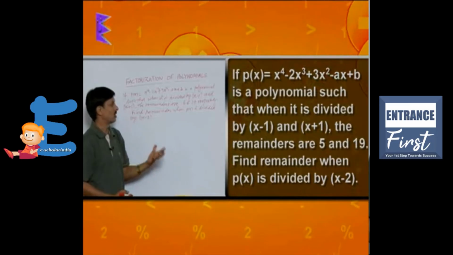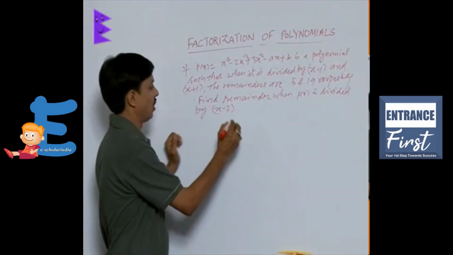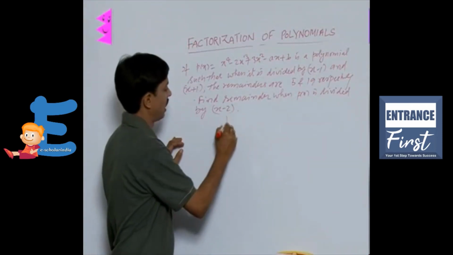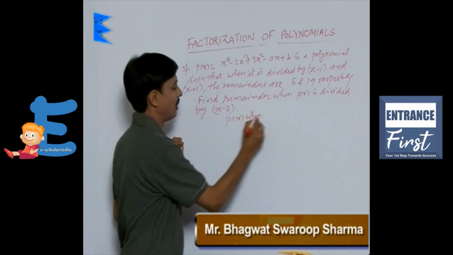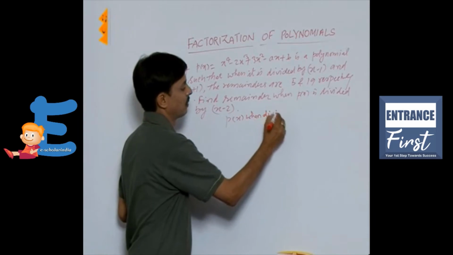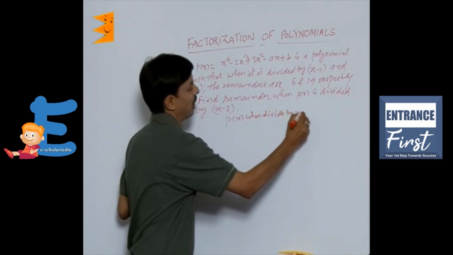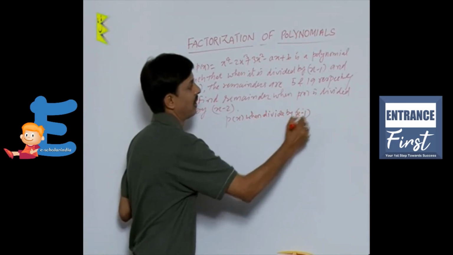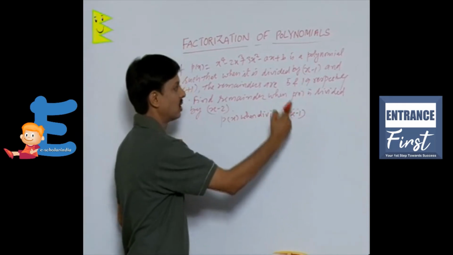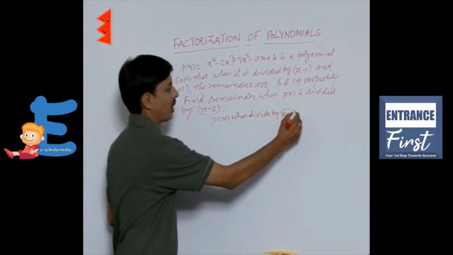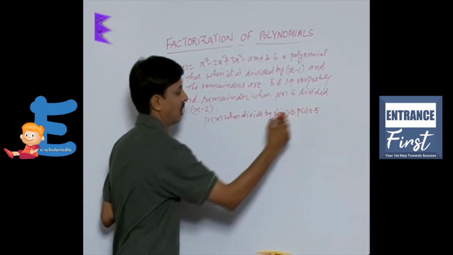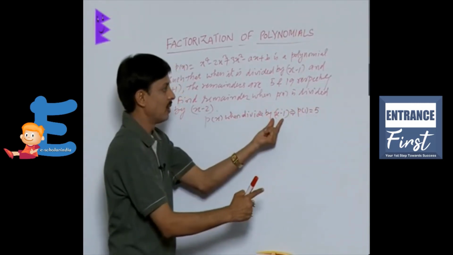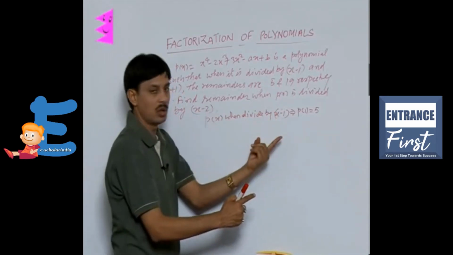So we must understand here that when P(x) is divided by x minus 1, in this case the remainder is 5. So what does this imply? That P(1) is 5, since x minus 1 gives x is equal to 1.